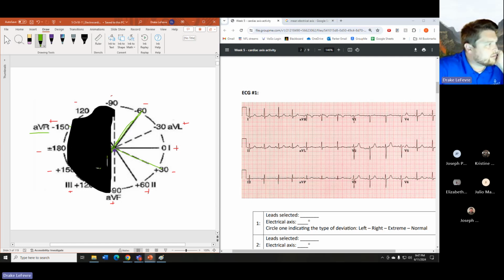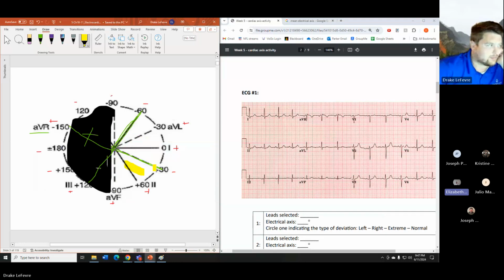So we have our AVR line here. We have the line that's perpendicular. This side, this direction, is going to be positive. So this side of the line is going to be negative, because that's the positive direction. This is the negative direction. Still with me?